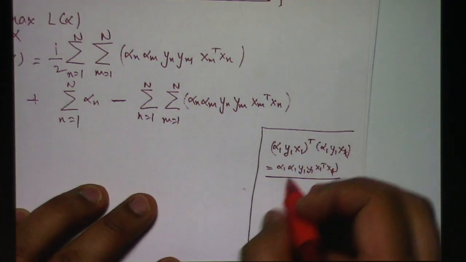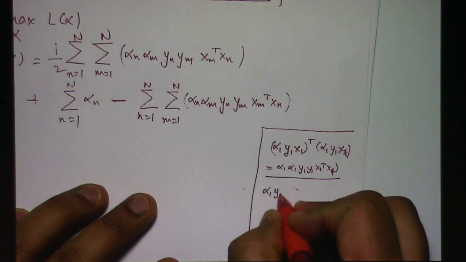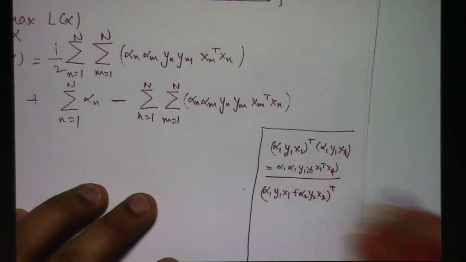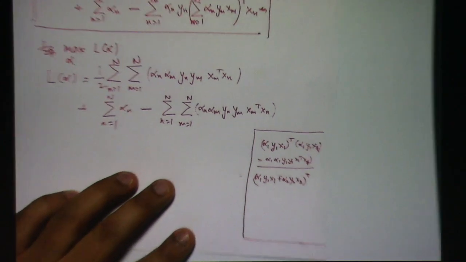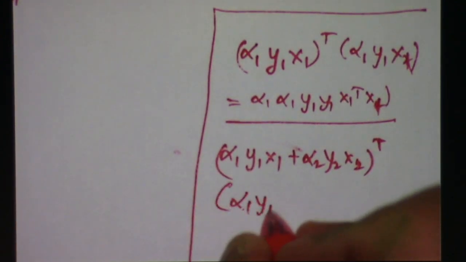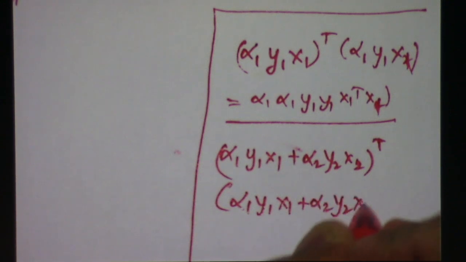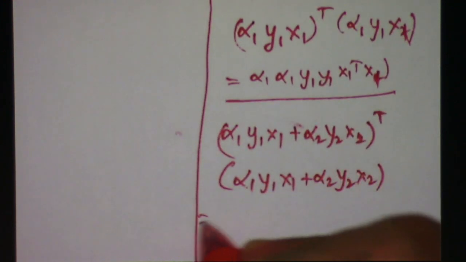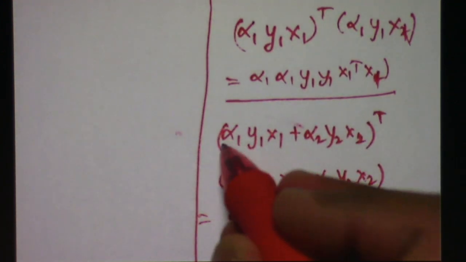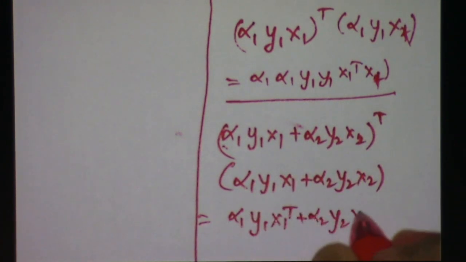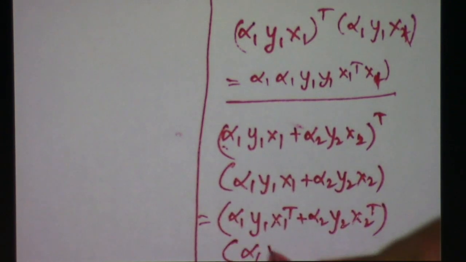Let's say there are two data points. Now it will be alpha 1 y1 x1 plus alpha 2 y2 x2, transposed, times the whole thing again, alpha 1 y1 x1 plus alpha 2 y2 x2. Because the transpose goes in, and alpha 1 and y1 are scalars, that will be alpha 1 y1 x1 transpose plus alpha 2 y2 x2 transpose, times alpha 1 y1 x1 plus alpha 2 y2 x2.